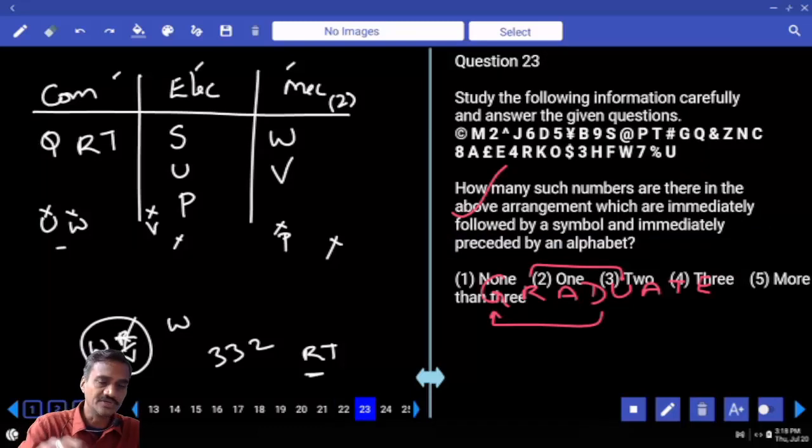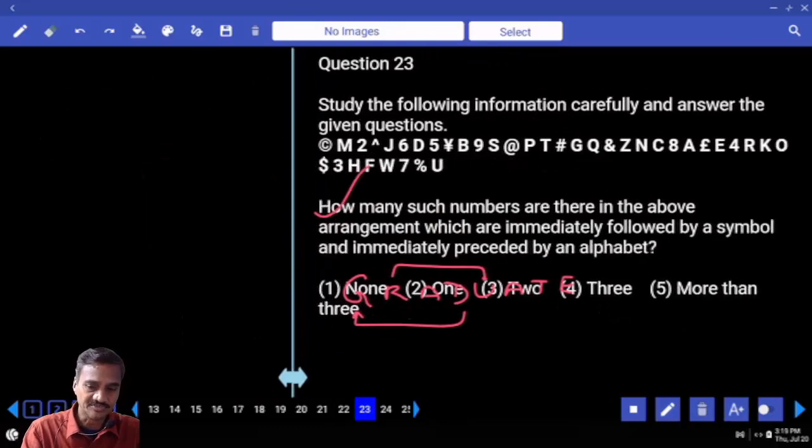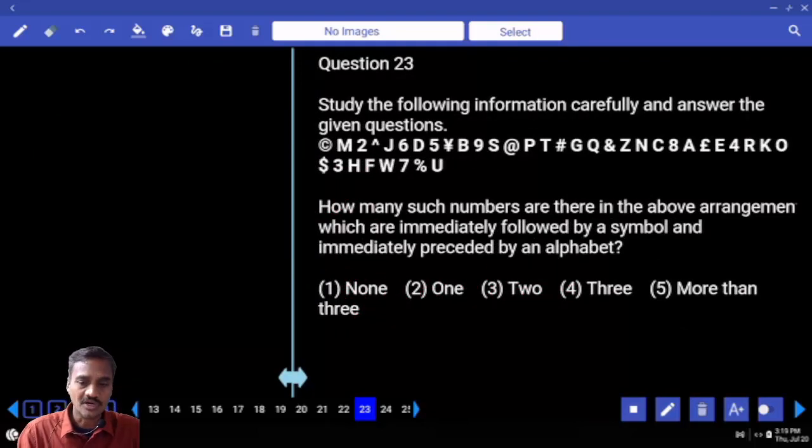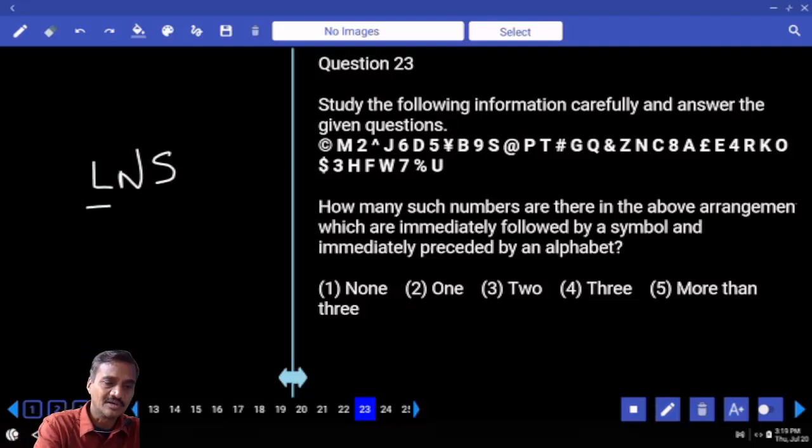Then 23 to 25. It is based on sequence. How many such numbers are there? The question is about a number. How many such numbers are there, each of which is immediately followed by a symbol and preceded by a letter? Letter, number and a symbol. Letter, number and a symbol. And now letter, number and a symbol.